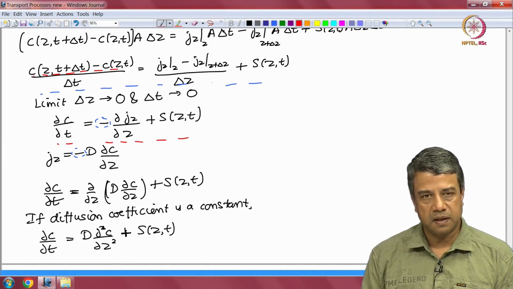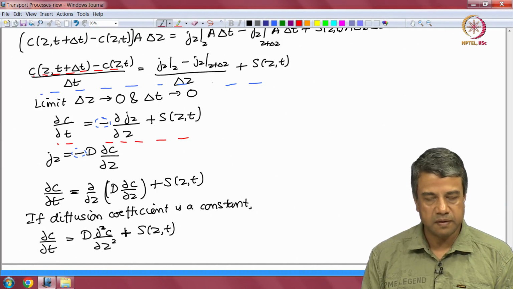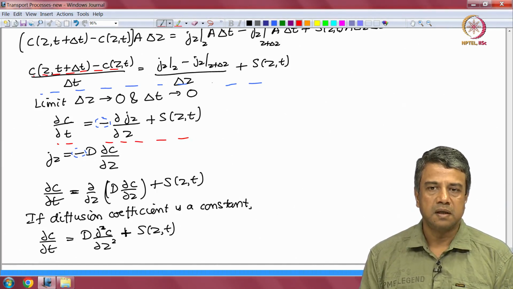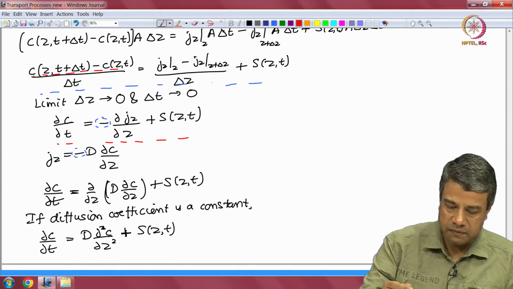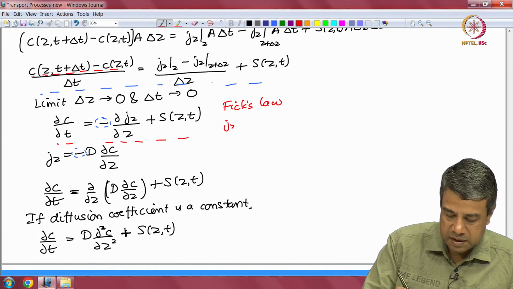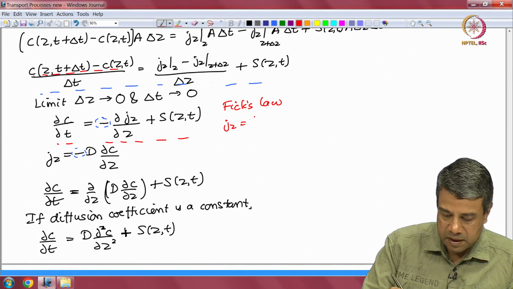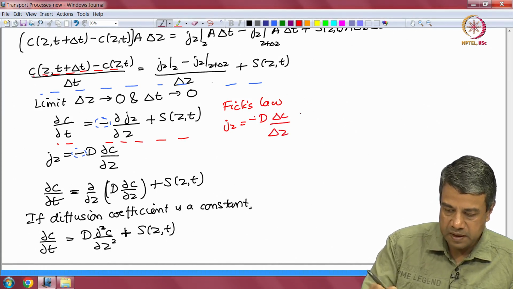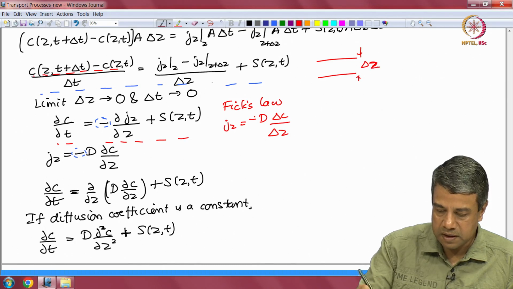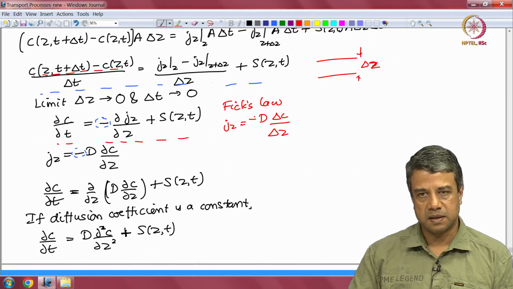And if I substitute, for example, Fick's law for diffusion for the flux. You recall that when we had done Fick's law, I had said that Jz is equal to minus D delta c by delta z, where delta c by delta z is the difference in c between two locations separated by a distance delta z.